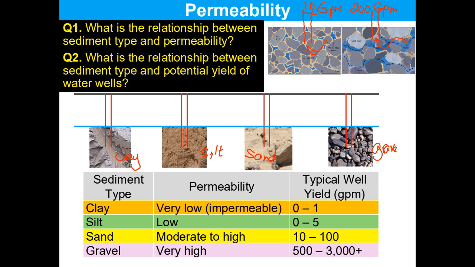Because gravel has high permeability, like this one right here, the water can go, let me choose another color here, let me choose blue. The water can go easily and move through the well. So in this case, because gravel has high permeability, the amount of water you can pump per minute is from 500 to 3,000 plus gallons per minute, which is a lot.